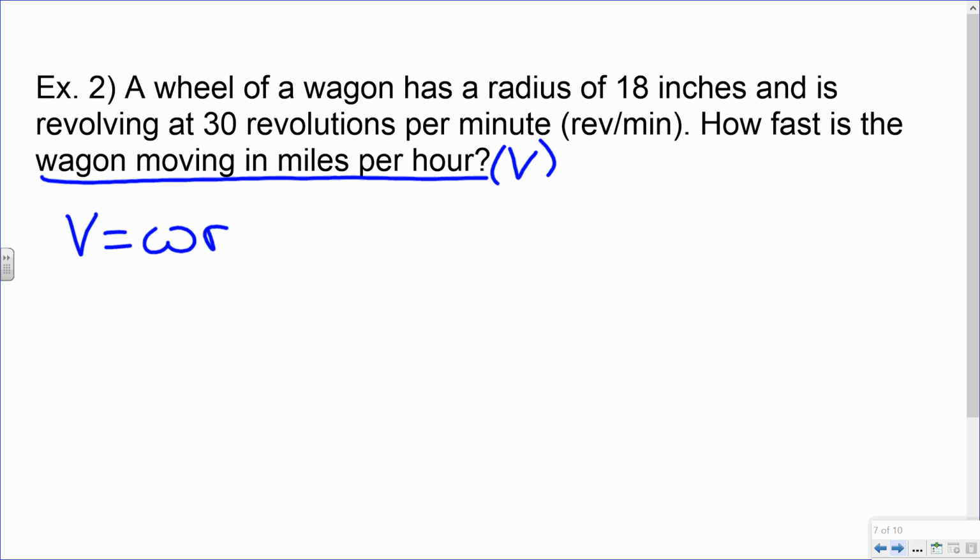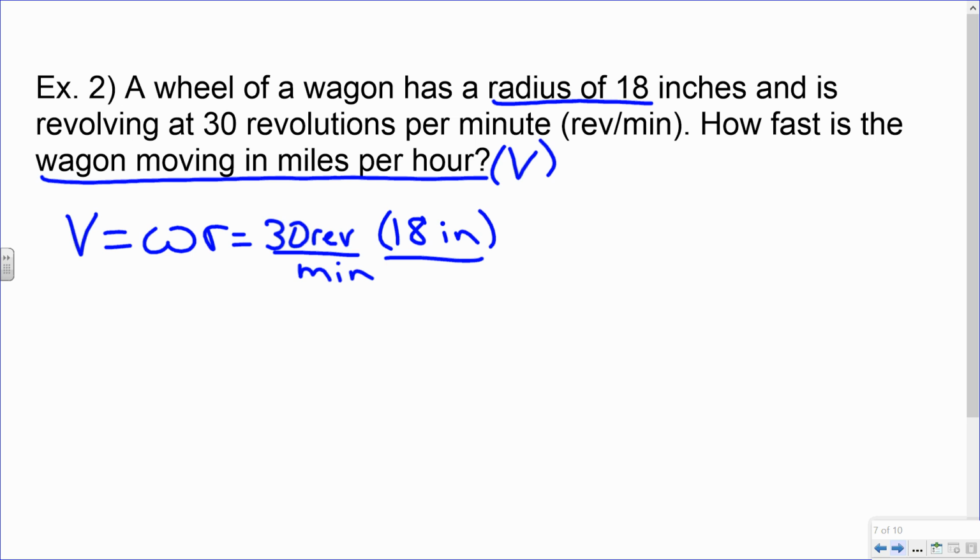And then we start filling in what we have. So we know that the radius is 18 inches. So we're going to have some omega times 18 inches, and we do need to put our units in there. And then spinning around 30 revolutions per minute.